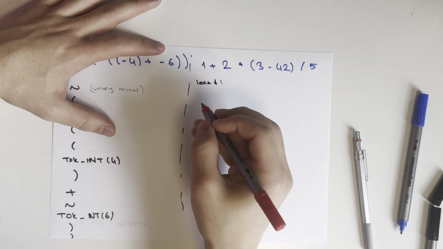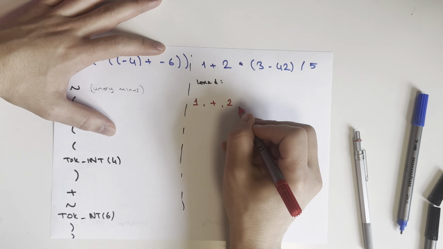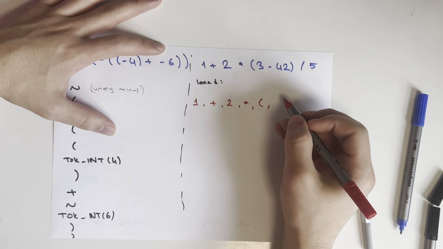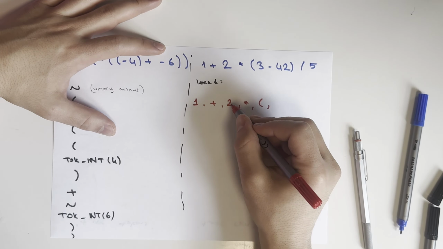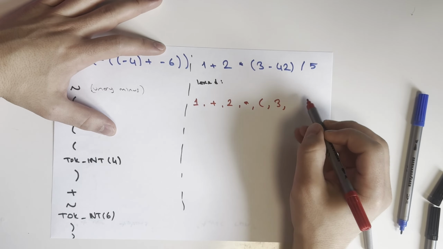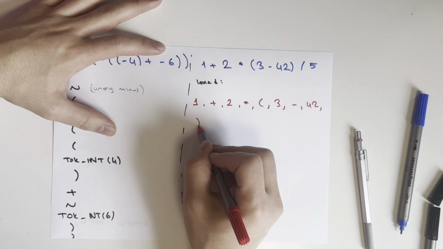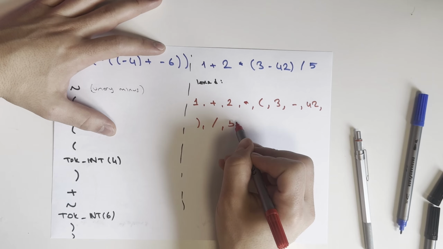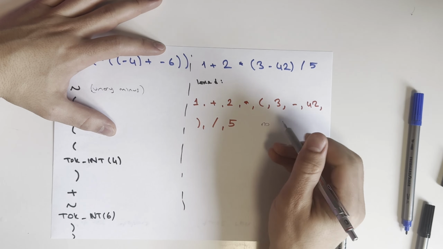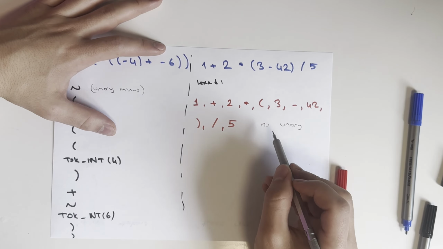Here we will have 1 plus 2 times parenthesis 3 minus 42, another parenthesis, division, and 5. Here we have no unary, and precedence will be stored on each operator token.